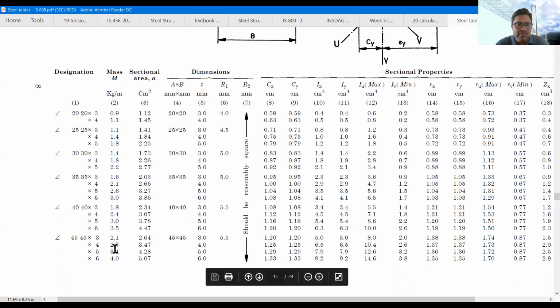In our case, the required area is 12.76. Now you can see that for these angle sections, 20 by 20 or 25 or 40 by 45, the maximum sectional area is 5, but our required area is 12.76. So we have to choose the section which will have a sectional area around 12.76.